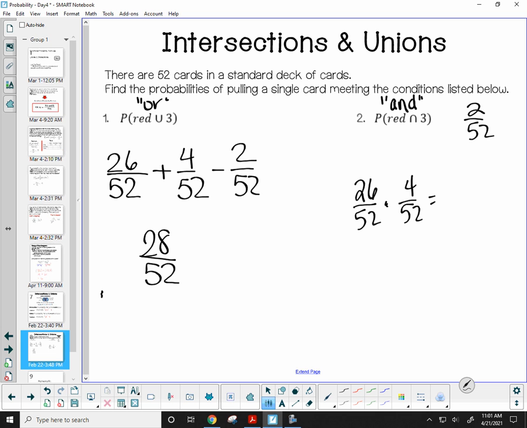Okay, if you multiply that together, I don't remember what it is. We should have 104 out of 52 squared, which is 2704. Those two fractions are equivalent. If you reduce this all the way, it's 1 over 26. Simplify 2 52nds, that's 1 over 26 as well.